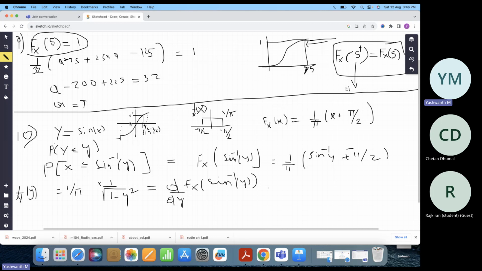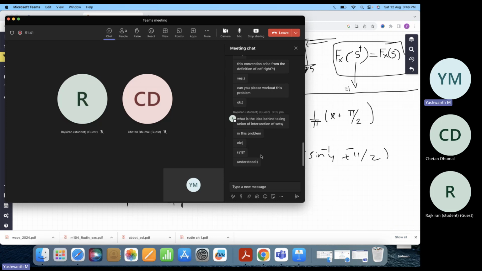So that's why you have done this, and this is nothing but, by definition, Fx of sine inverse y. You substitute this, you get 1 over pi times sine inverse y plus pi by 2, and just differentiate this, you get that. That's it. And y belongs to minus 1 to plus 1.